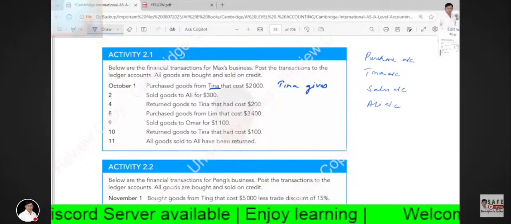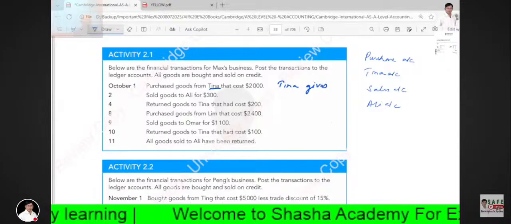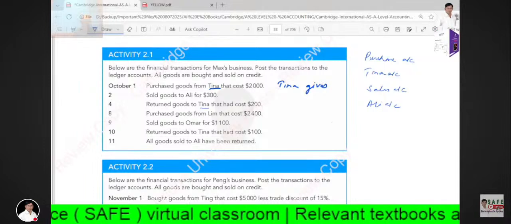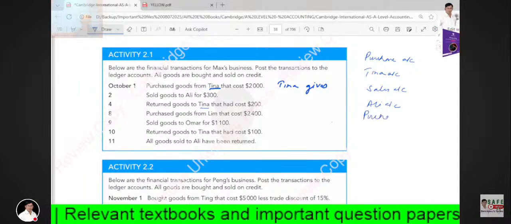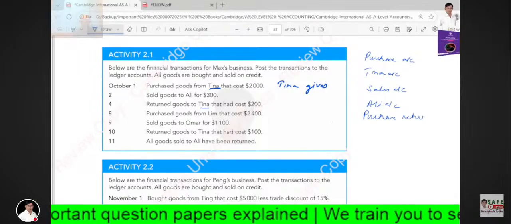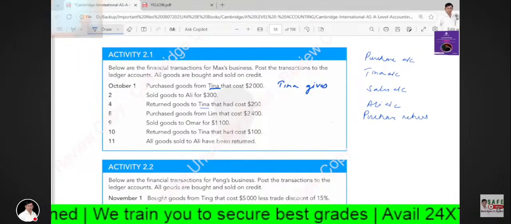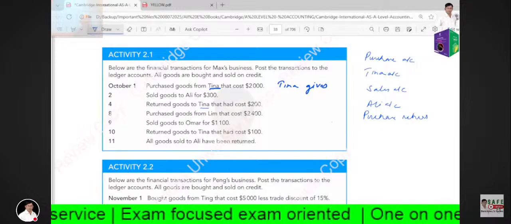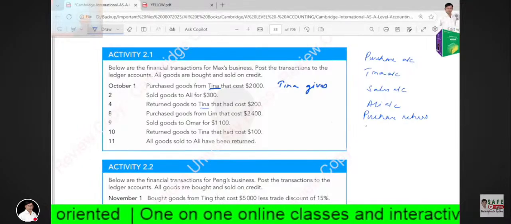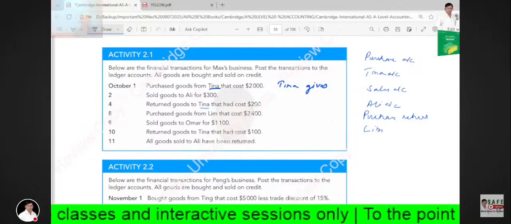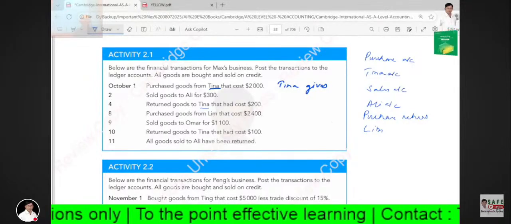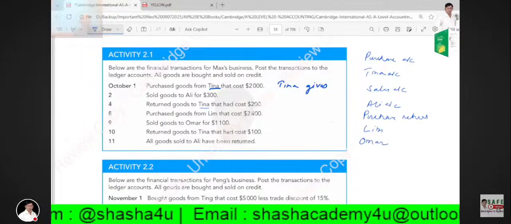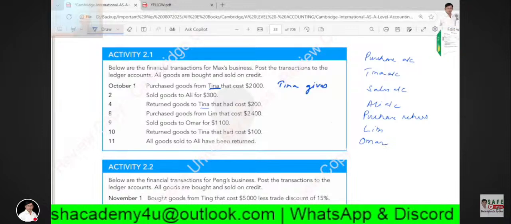Return goods to Tina means we return only those goods which we have purchased, so it is purchase returns. Then purchase goods from Lim, so Lim account; the purchase account is already there. Sold goods to Omar, so Omar account, because the sales account is already there. Return goods to Tina, purchase returns again.